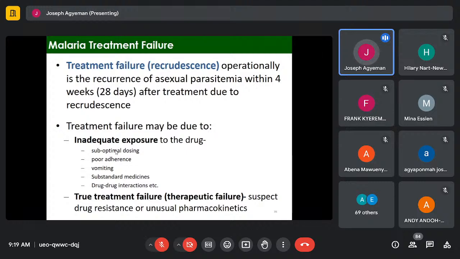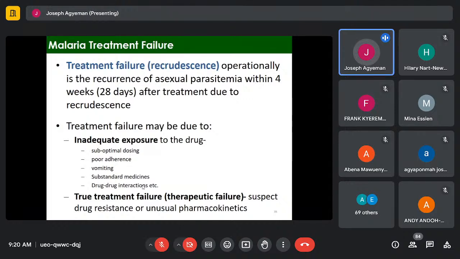So if there are issues like suboptimal dosing, you are supposed to take 2120, then you take 1060 of artemether lumefantrine, you are exposing yourself to inadequate amounts. So that suboptimal dosing could result in inadequate amounts. And of course, if you don't hit the therapeutic concentration, it's not going to work.